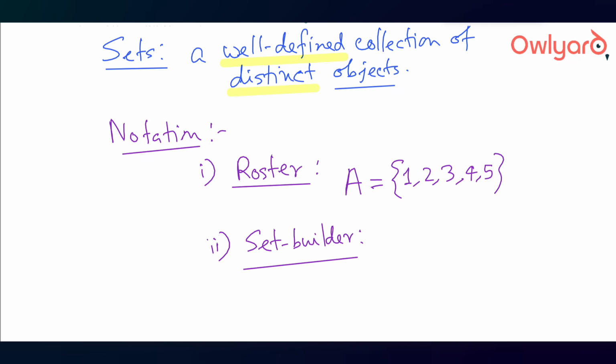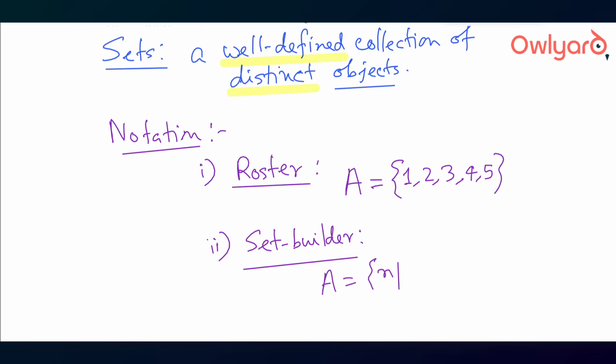Now in the set builder notation, if you try to represent it in a similar fashion, then the way you do it is A, you start the curly bracket, you take an algebraic symbol, for example, n, and specify the condition on that symbol.